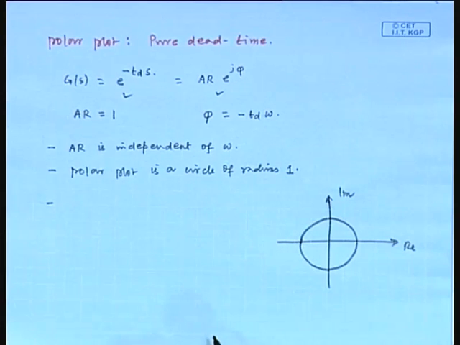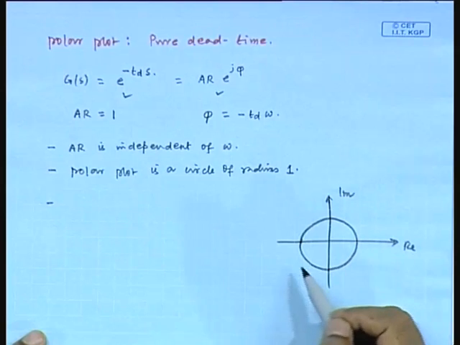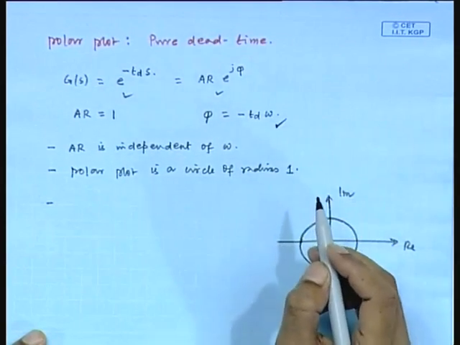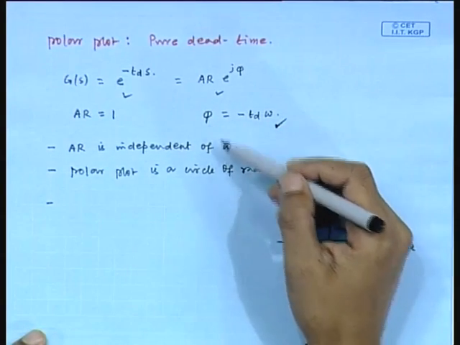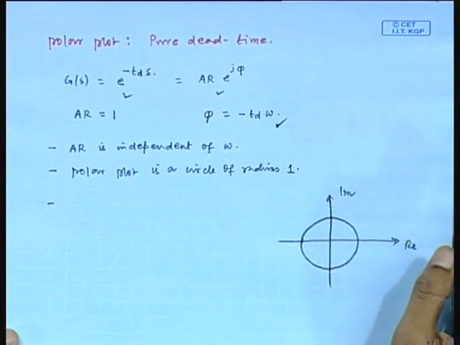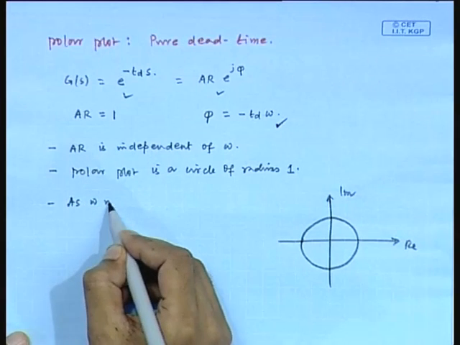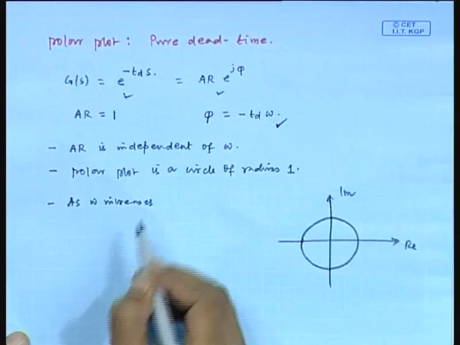As omega increases, what happens? As omega increases, this will start rotating. It is obvious from this expression. If you keep on increasing the omega value, you will see that this phi will change like this. That means, as omega increases, this will start rotating.